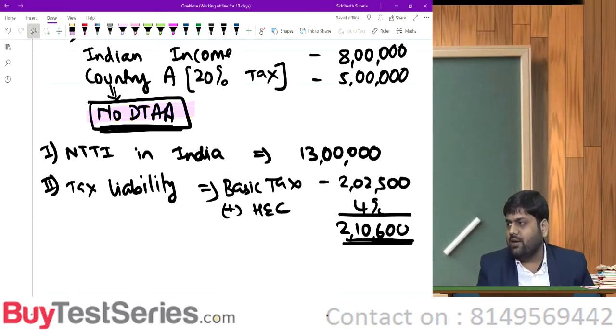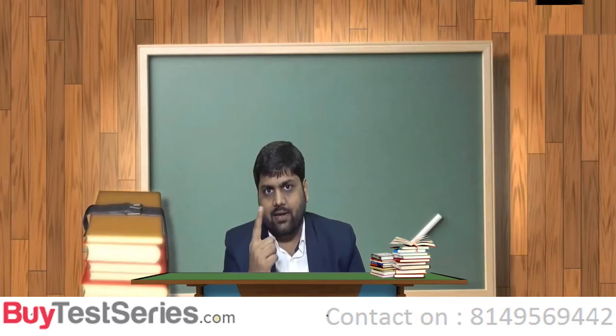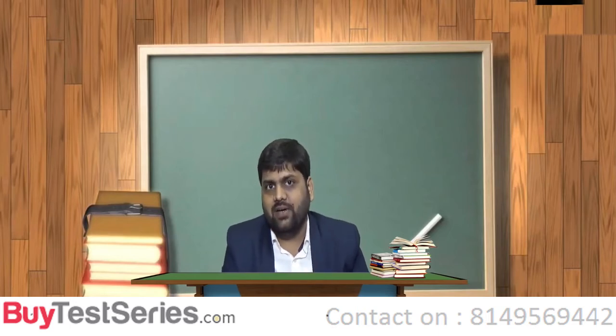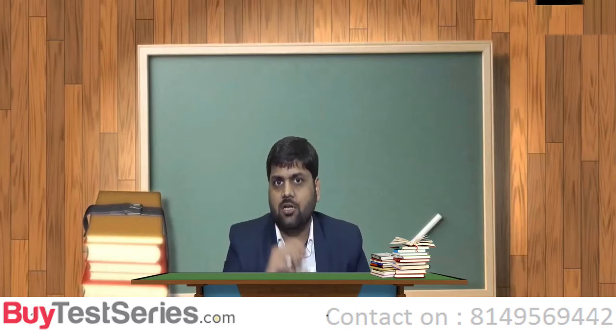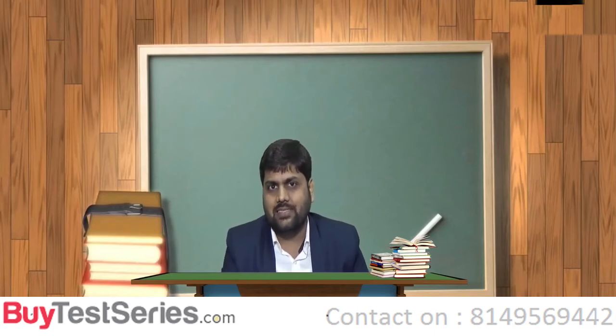What is the total income in India? 13 lakh rupees. Can I say this 13 lakh includes 8 lakh Indian income, 5 lakh foreign income? And this 13 lakh has been taxed in India at the applicable slab rates. First 250 basic exemption 0%, next 250 5%, next 5 lakh 20%, and the balance 3 lakh 30% plus cess.